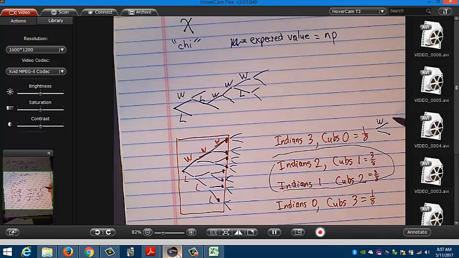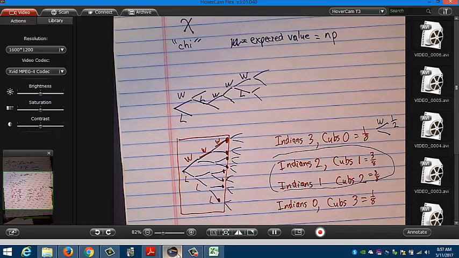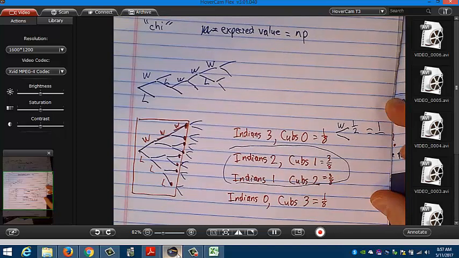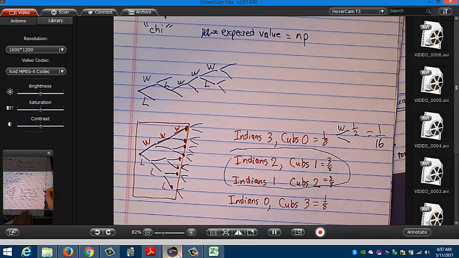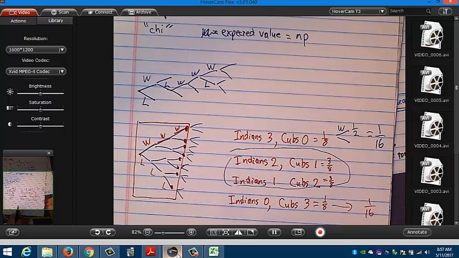What's the chances of that happening? 1 out of 2. 1 out of 2 times 1 out of 8 is 1 out of 16. Now, there's another way, and that's right here, 1 out of 16. But the chances of it going beyond would be 14 out of 16. Right? Those are the chances that it goes more than 4 games.